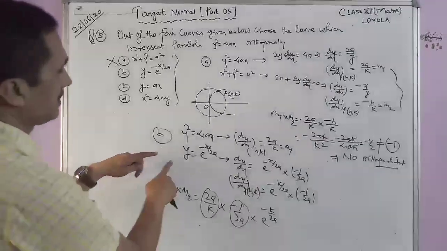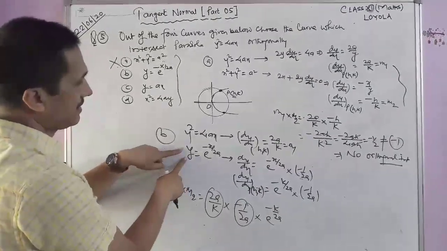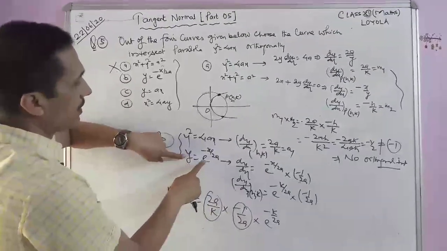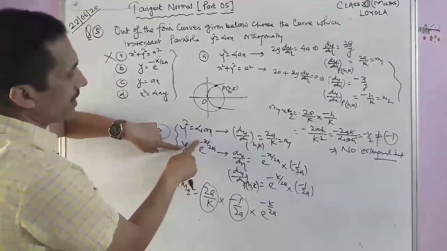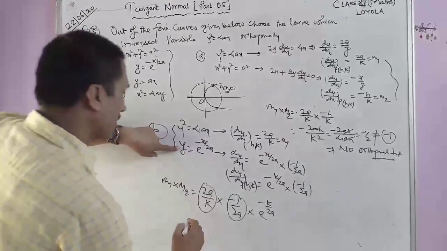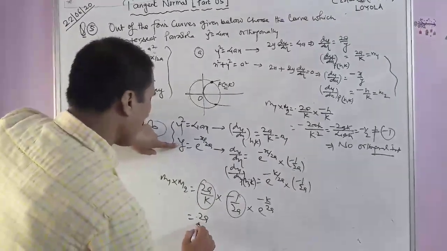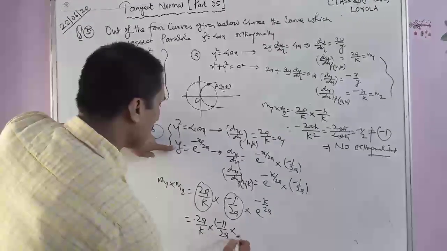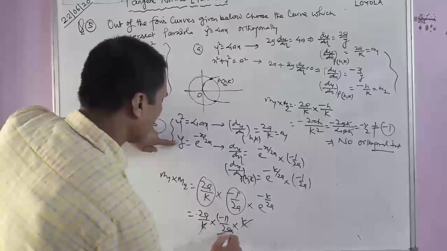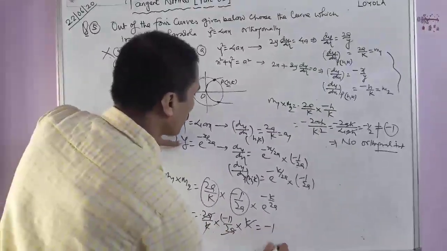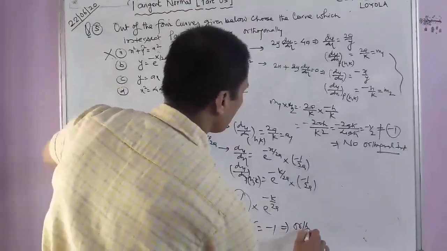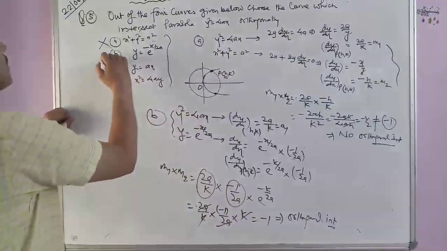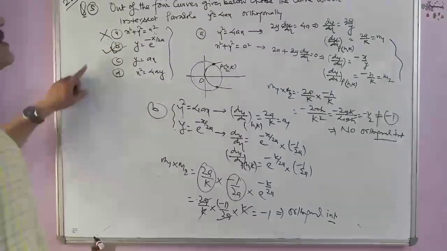Here (h, k) lies on these two curves, so k equals e to the power minus h by 2a. So 2a upon k into minus 1 by 2a into k, cancelling 2a, 2a, k, this is equal to minus 1. This implies orthogonal intersection of curves. So our answer is second option B.